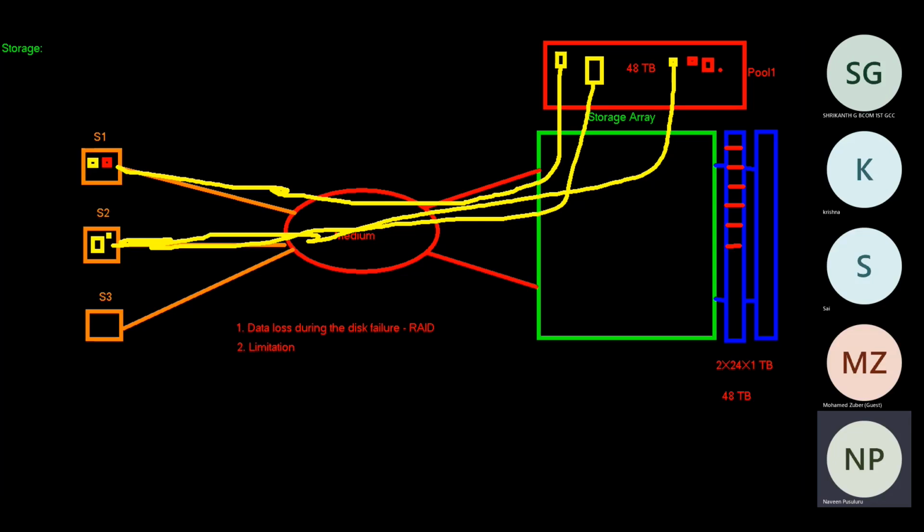Create 50 logical partitions on storage and provision them to the server without any issues. You can assign n number of logical partitions to a server. So the limitation issue also got resolved. Data loss during hard drive failure is resolved, and the same way the limitation issue is resolved.